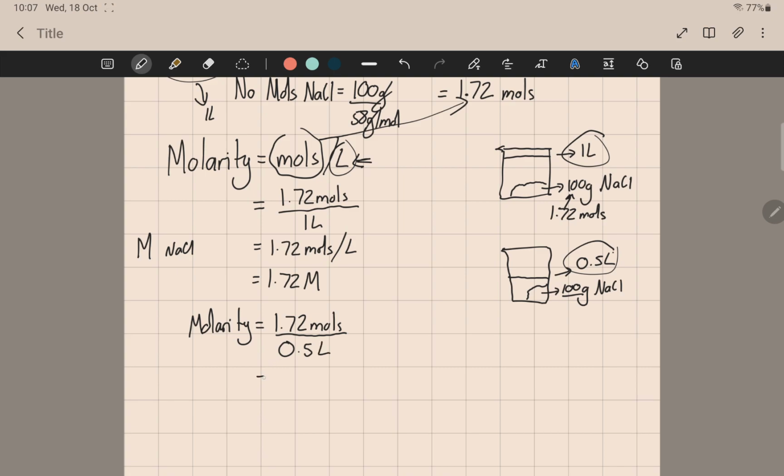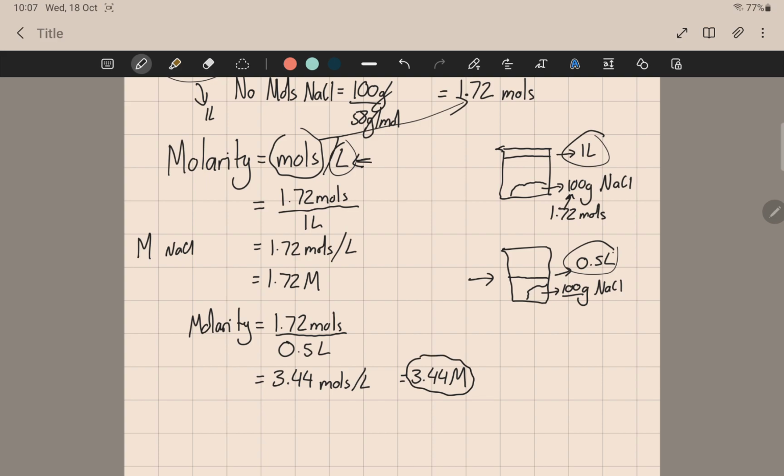Now, if you do 1.72 divided by 0.5, you get 3.44. And then our units, moles per liter, or you can simplify that down to 3.44 M, which means exactly the same thing. So our molarity in the second case here is 3.44 molar.